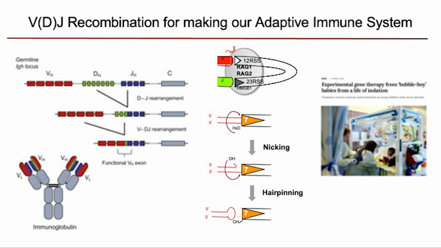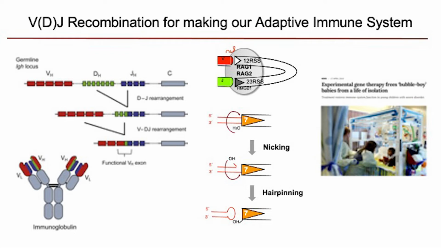Each segment is bordered by one type of this recombination signal, either 12 or 23, and the recombination can only occur between 12 and 23. So V will not join with V, but V will join with D, and D will join with J only. The two signals are paired by RAG1/RAG2 proteins, so it's very interesting how one protein can recognize a pair of different DNA sequences.